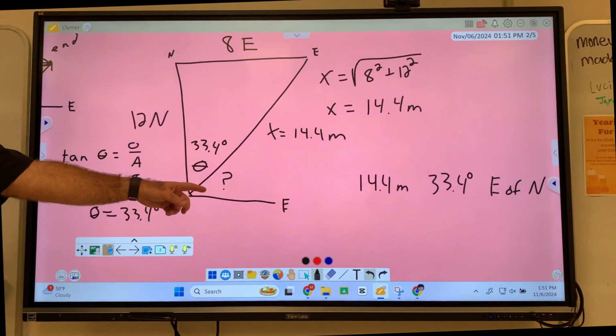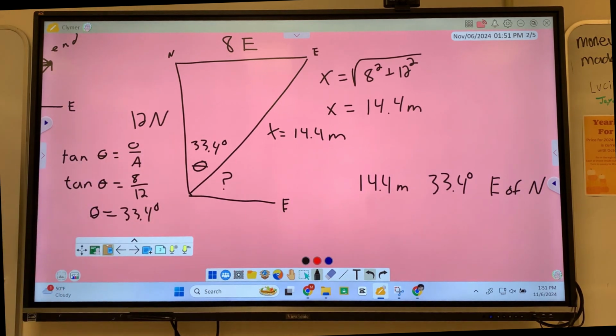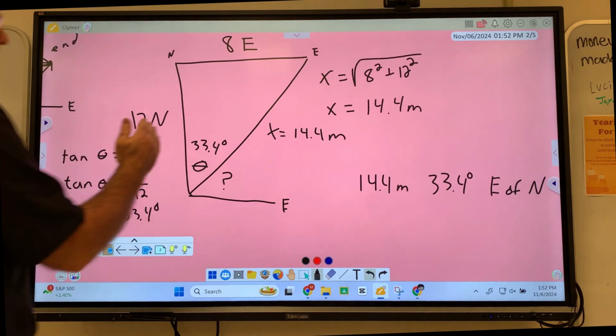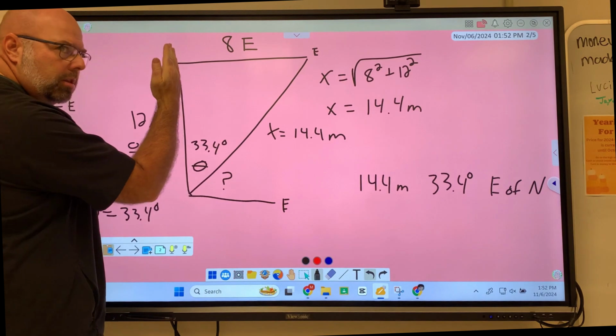This angle, if we were to measure it, would be north of east. Again, we need to be precise in how we're describing what these vectors actually are. So in this case, this 33.4 that we solved for is toward the east from the north direction.